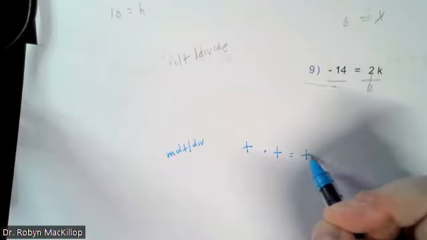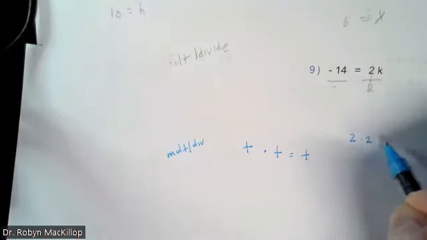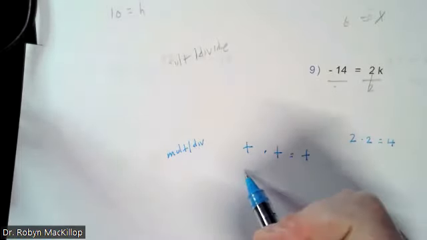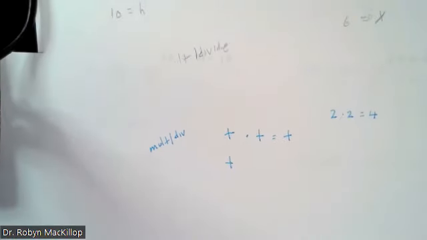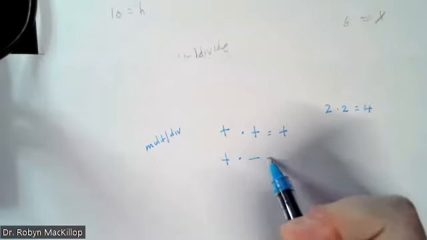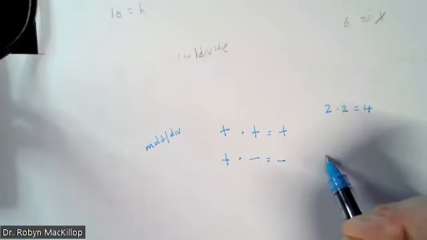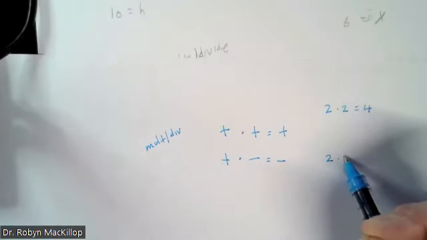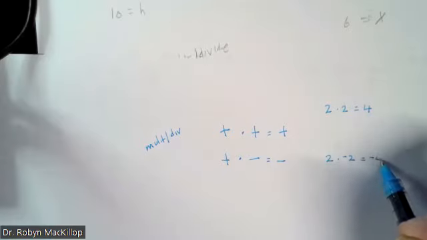It's good for the town. That would be like 2 times 2 equals 4. The good guy leaves town. That's going to be bad for the town. That would be like 2 times -2 equals -4.